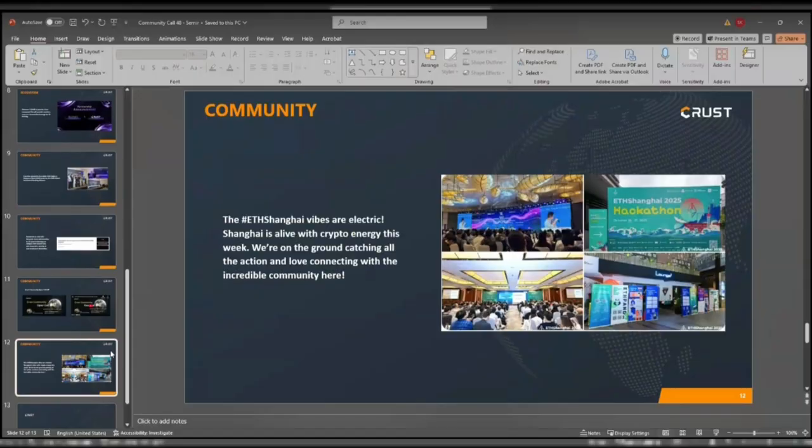And lastly, on the community side, the ETH Shanghai vibes were definitely electric. Shanghai is alive with crypto energy this week, and we were on the ground catching all the action and connecting with the incredible community here. From what I understood from the team that was on site in Shanghai, the people were super excited.